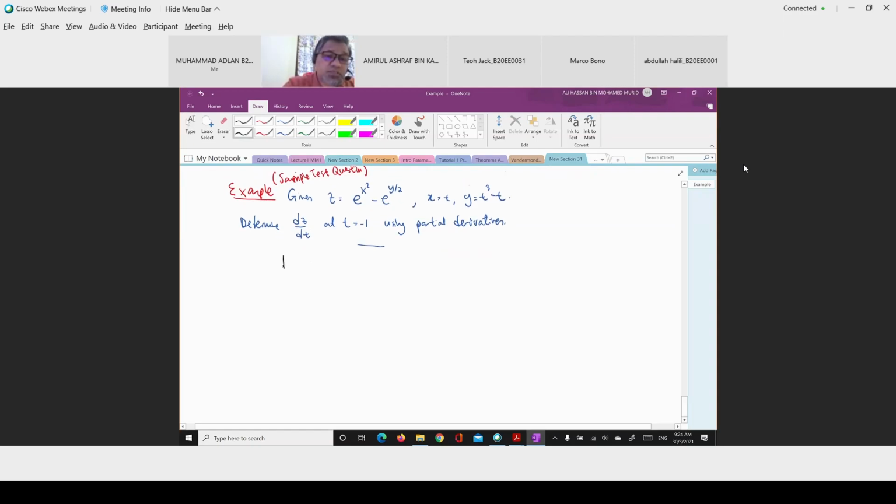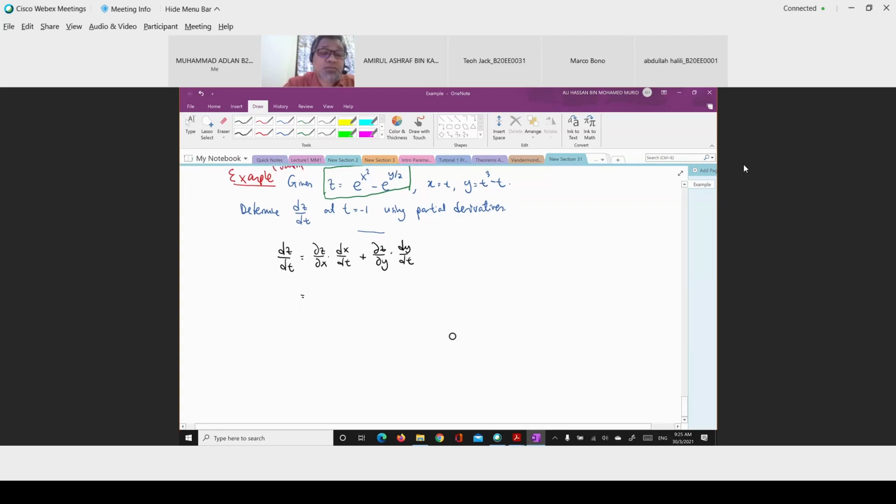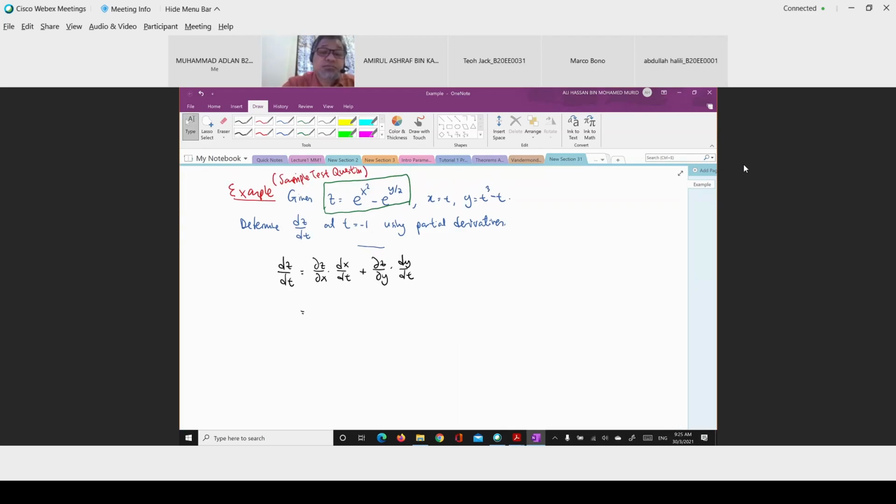What is the formula? dz/dt is equal to z partial x times dx/dt plus z partial y times dy/dt. What is z partial x? Can anybody tell me, given z here, what is z partial x? 2x exponential of x squared.